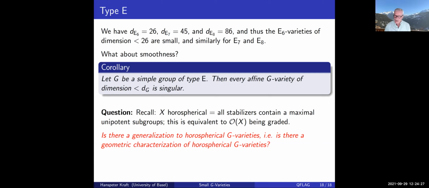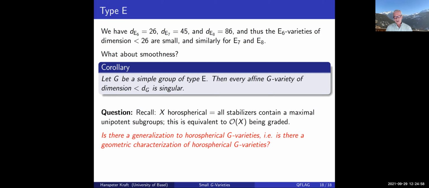I mean, the statement saying that all orbits are horospherical, or every stabilizer contains a maximal unipotent, is not such an interesting statement. And once we would have it, it would be quite interesting to see whether we find examples of horospherical varieties which have larger dimension than the ones we have already found with the small varieties.